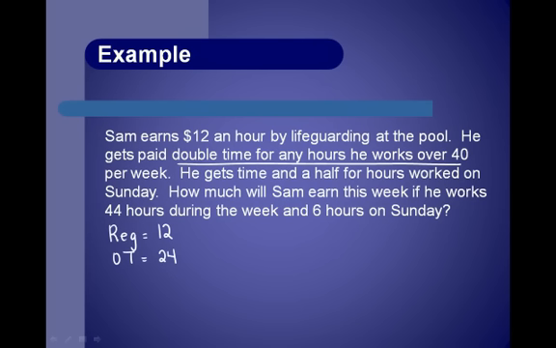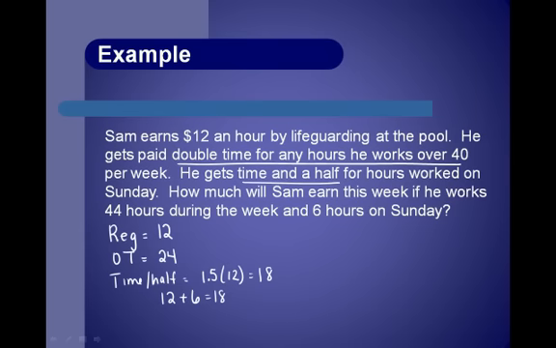And then Sunday, he gets time and a half. Well, time and a half means we're going to multiply 1.5 times 12, which would give us 18. Or we could have just said, time is $12 an hour, half of that would be 6, so 12 plus 6 is 18.